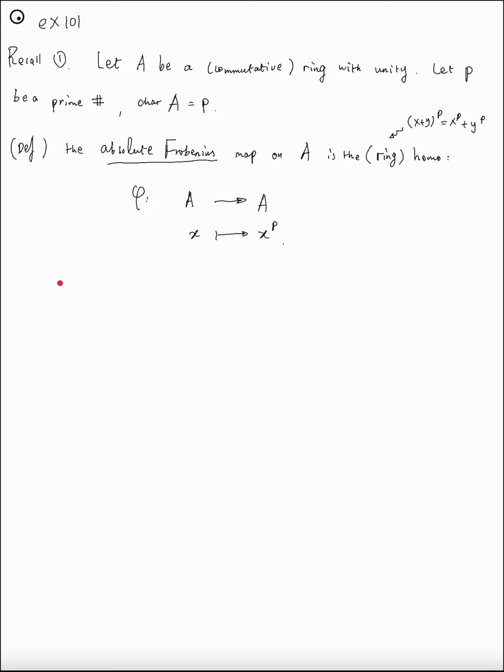So, second part of the definition: if this Frobenius is an isomorphism, then we call A a perfect ring.